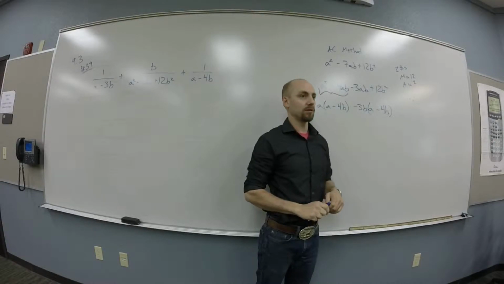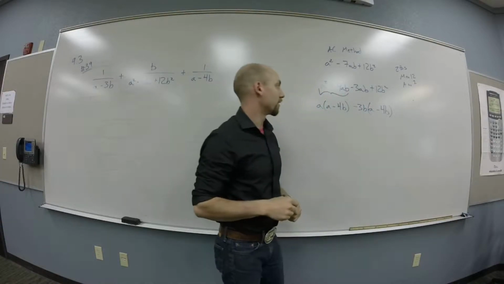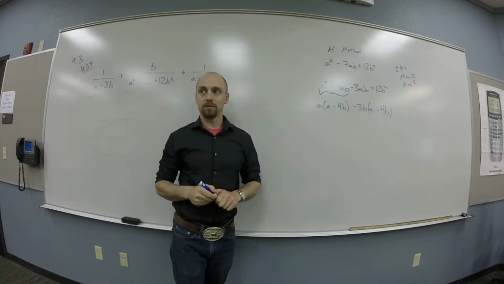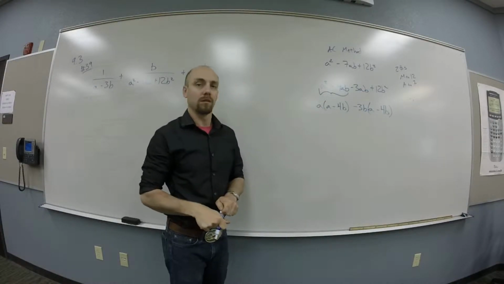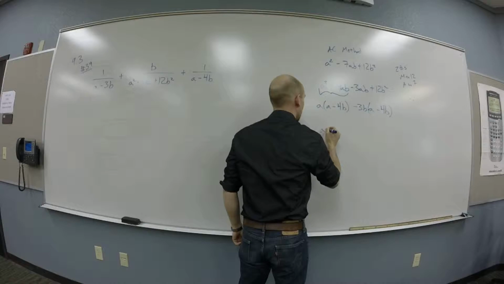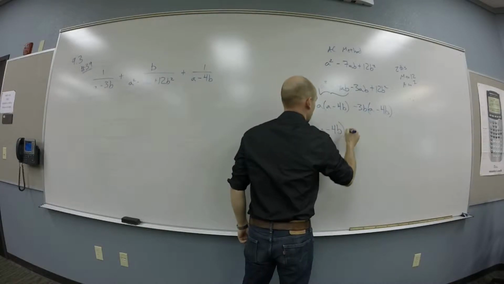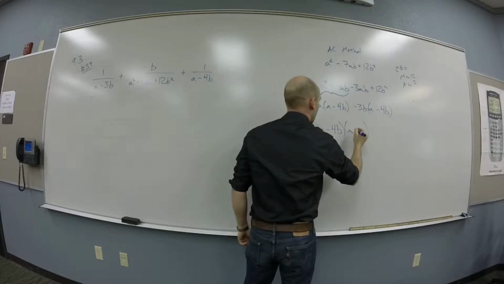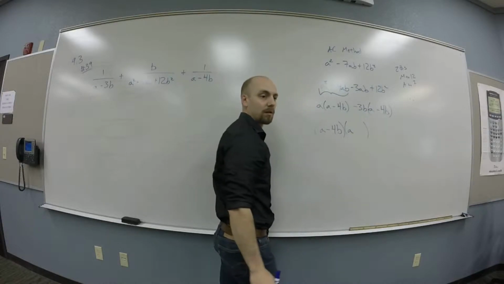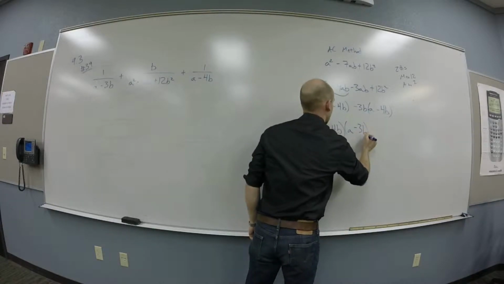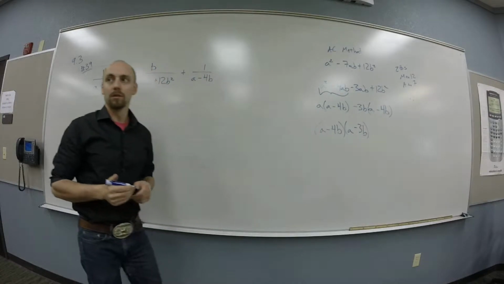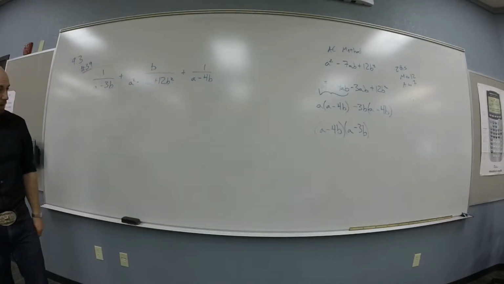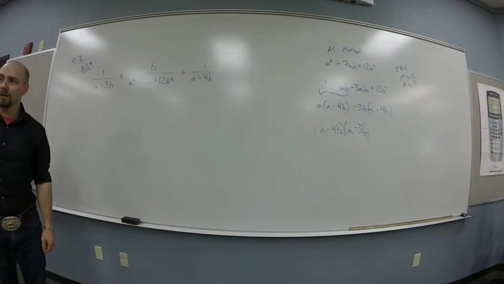You guys okay with that? All right, now what do I factor out? A minus 4b. Yeah, I should factor an a minus 4b out, and I'll be left with a minus 3b. So what was the point of that? Why did I factor that thing?